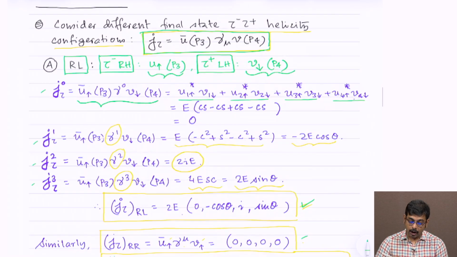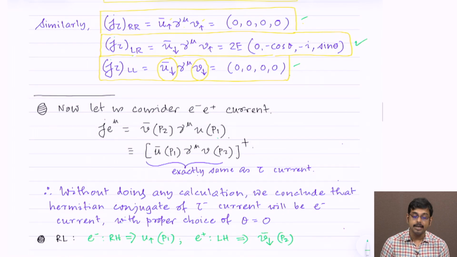So if you take the dagger of it, I am going to get the form of the electron current. The only difference is the momenta sitting here, but that is something I am going to address in a moment.